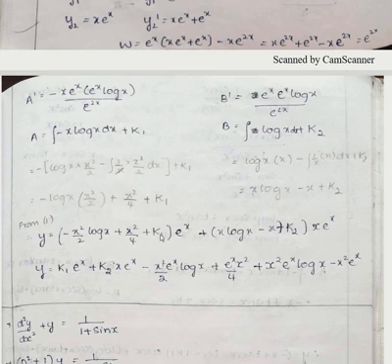First multiply with k1 into e power x, here plus k2 into x into e power x. Write the remaining terms. Therefore minus x square by 2 into e power x into log x plus, here e power x into x squared by 4 plus, here x into x is x square, e power x into log x minus, here x into x is x square e power x.